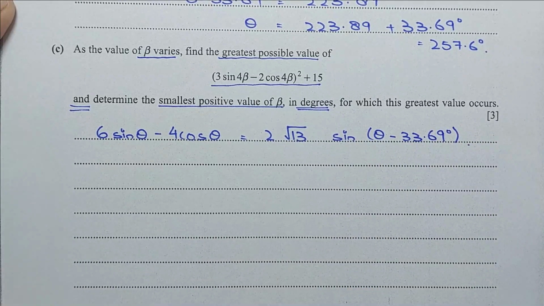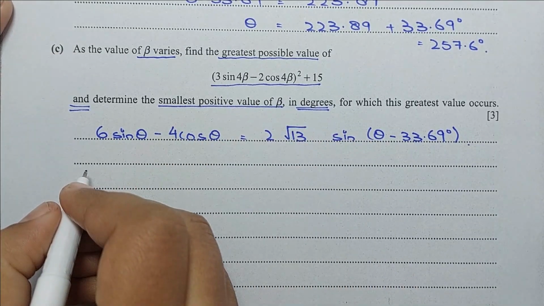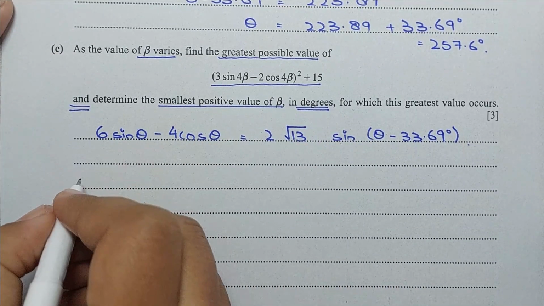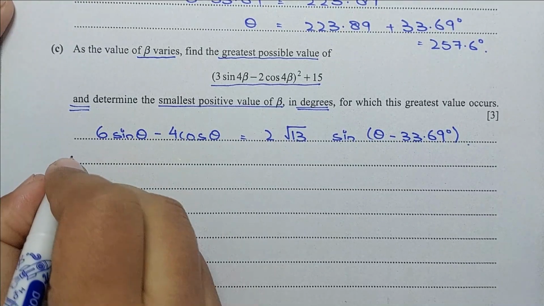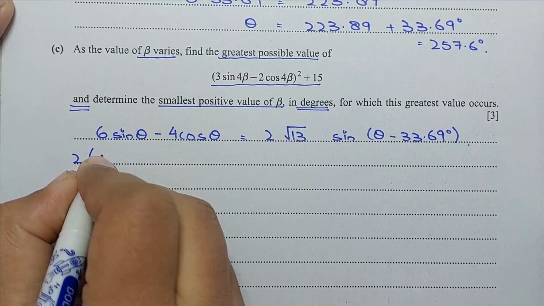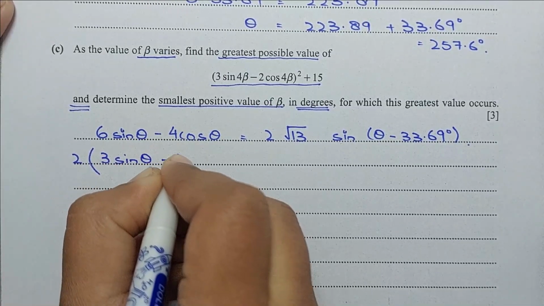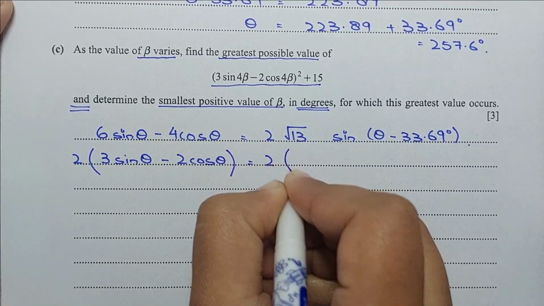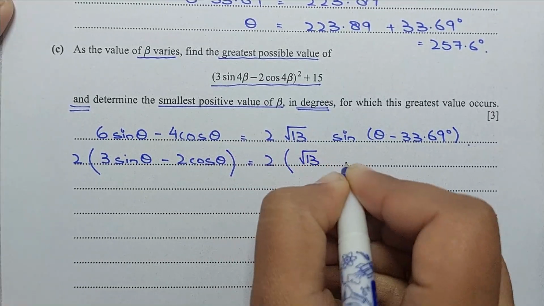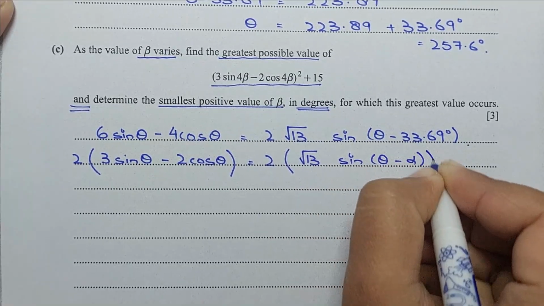Okay, now if we make a comparison, you can see I can take 2 common. Taking 2 common over here, we are left with 2 times 3 sine theta minus 2 cos theta, and taking 2 common from here we have root 13 sine of theta minus alpha.